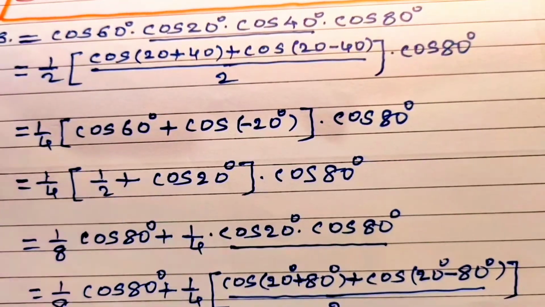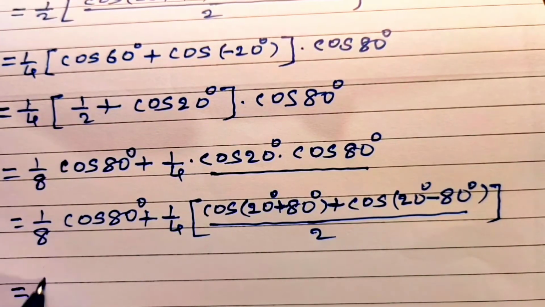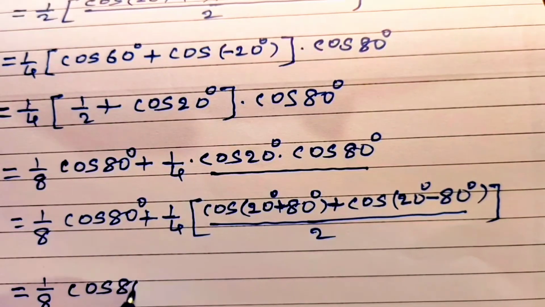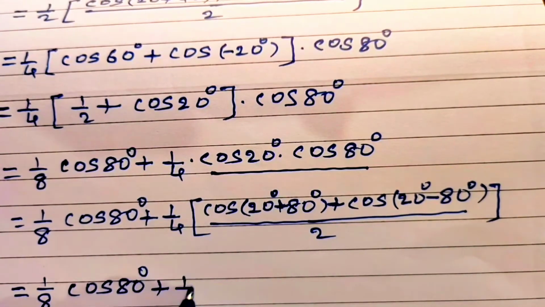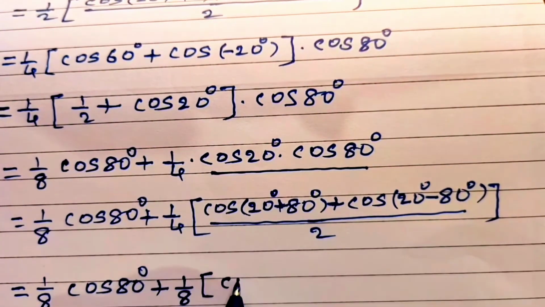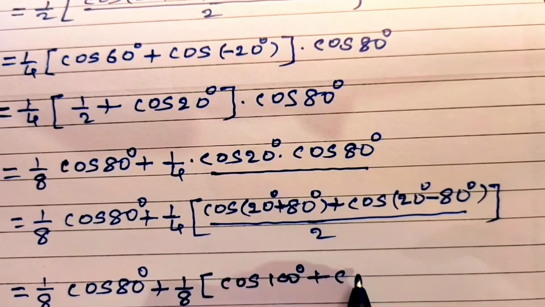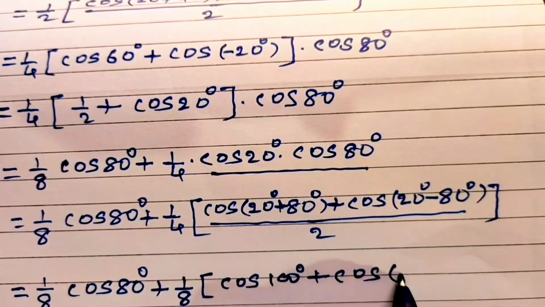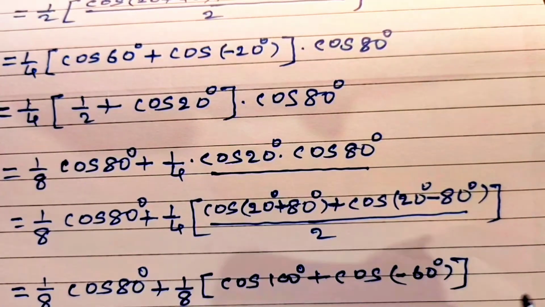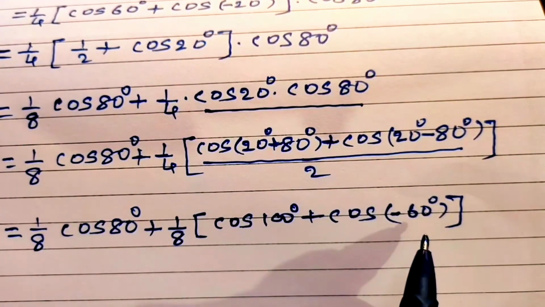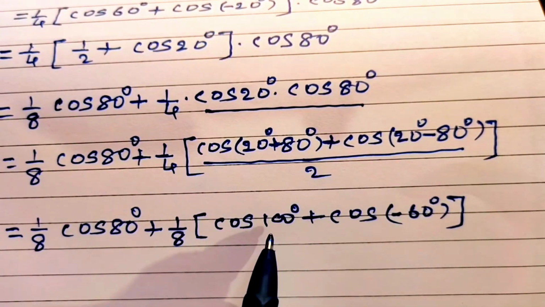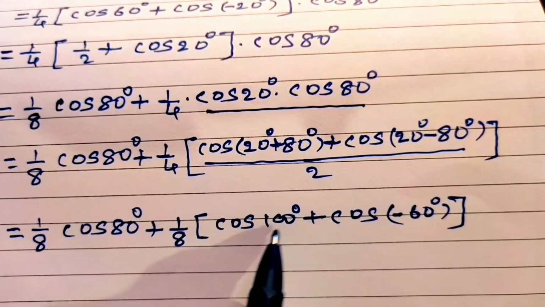Bracket close. Hence we can write this is equal to 1 upon 8 cos of 80 degree plus 1 upon 8 into bracket cos of 20 plus 80, 100 degree, plus cos of 20 minus 80, minus 60 degree. Bracket close. Again cos minus theta is cos theta, and this 100 degree we can write as 180 degree minus 80 degree.